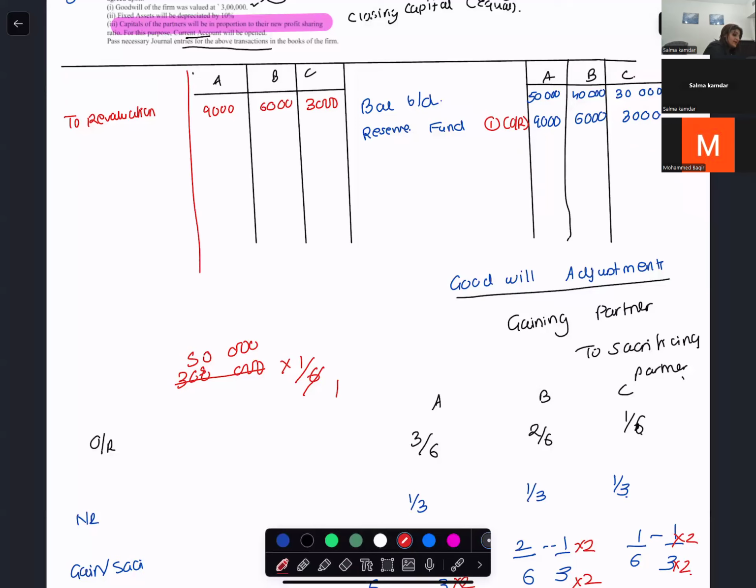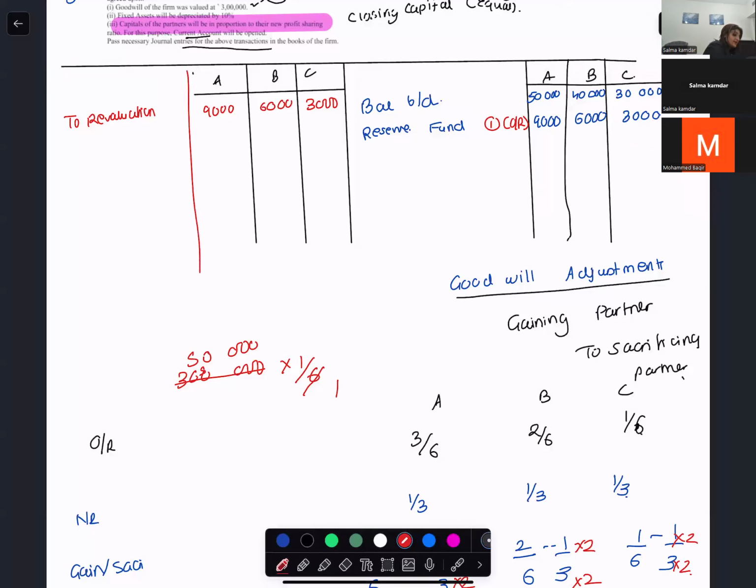If the closing capital has to be in the new profit sharing ratio, I should know what the closing capital is. But have they given us the closing capital? No, they have not, and I know that the capital account always has a credit balance.